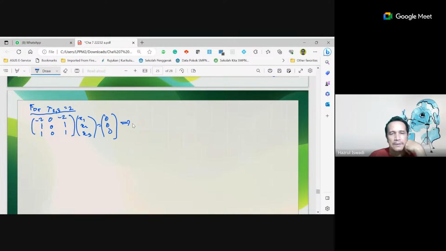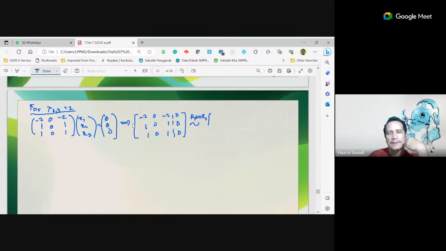So this is the question, the answer. We have this homogeneous linear equation system: minus 2, 0, minus 2, 0, 1, 0, 1, 0, 1, 0, 1, 0. Then we switch R1 by R2.